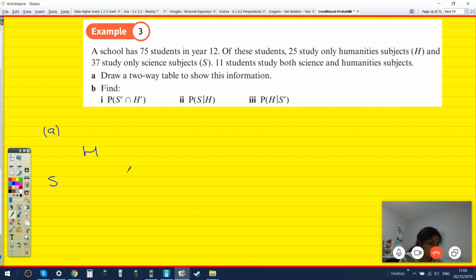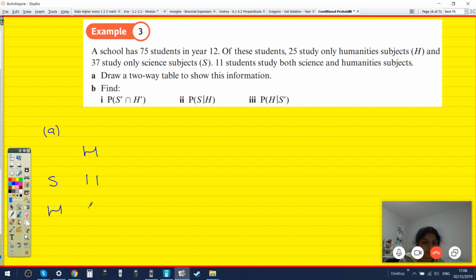So then, there's 11 who study both, so you can just put that there. And then it says 25 study only humanities subjects. So then you would put that as well underneath the 11. So let's say we put a second H there.